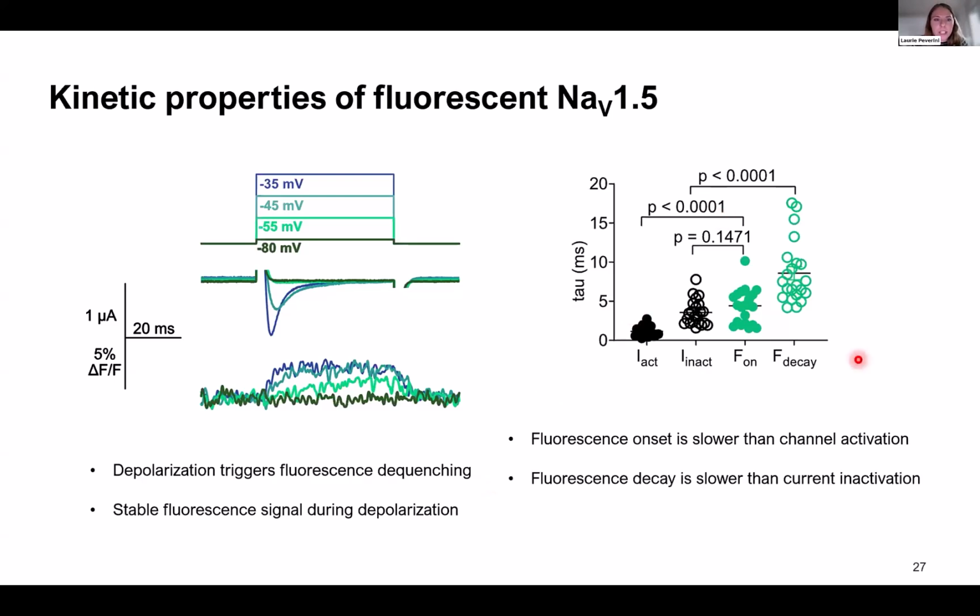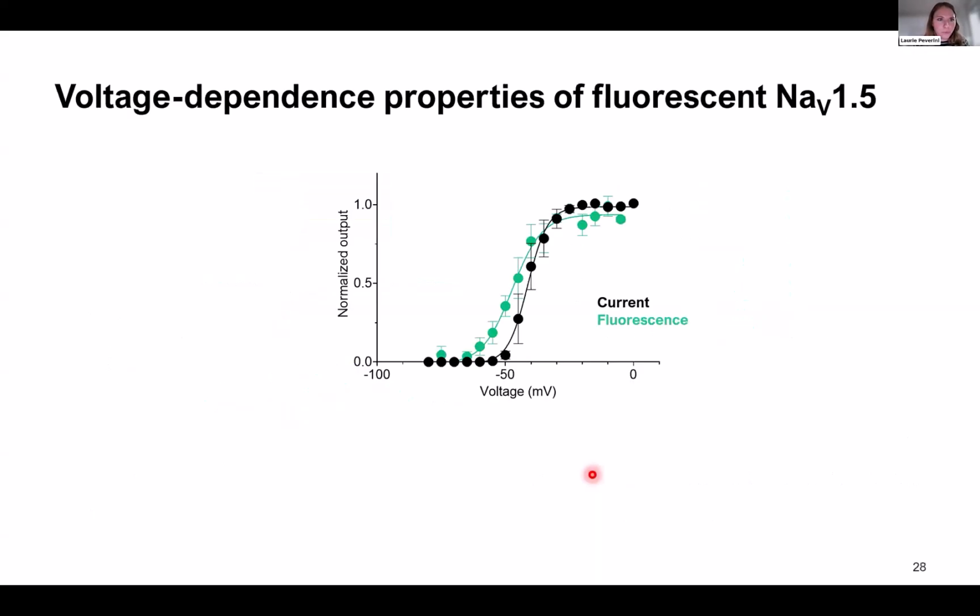Also that the fluorescence decay was slower than current inactivation, and that fast inactivation and the fluorescence onset had comparable timescales. So it seems that the fluorescent signal reports a motion that is kinetically related to fast inactivation.